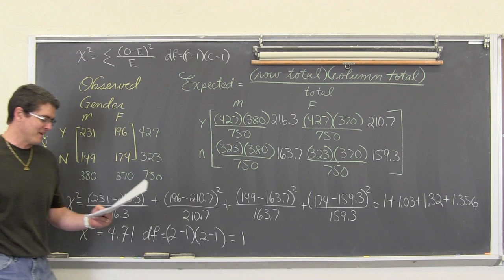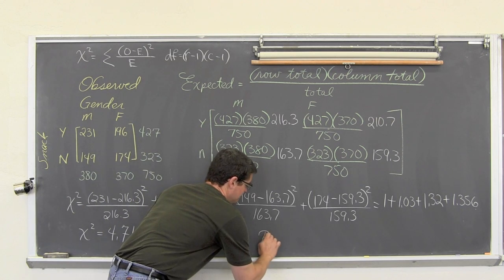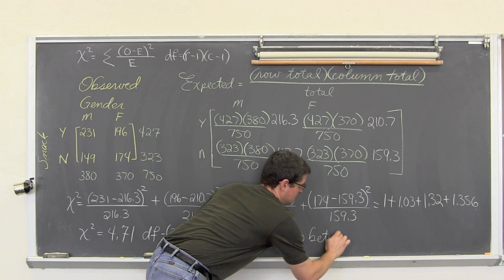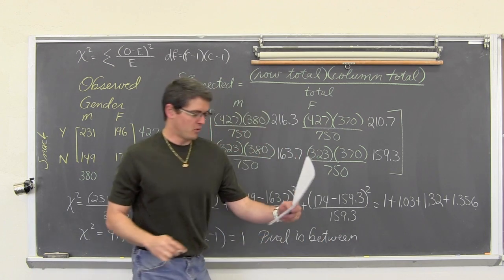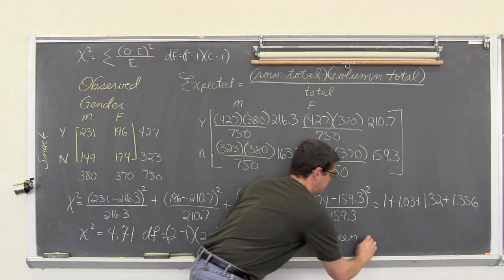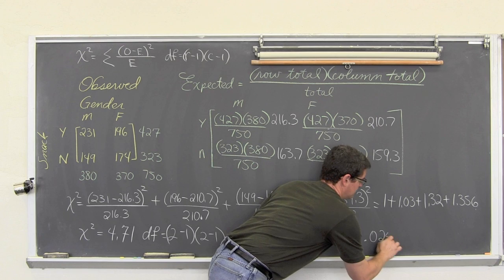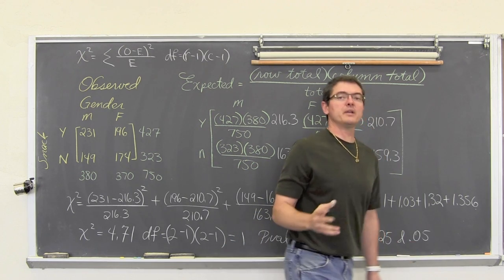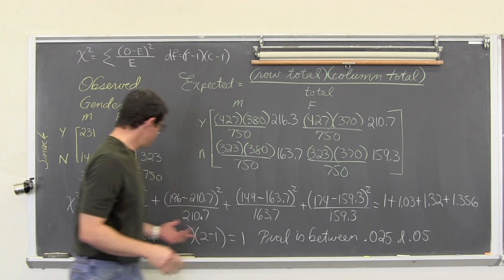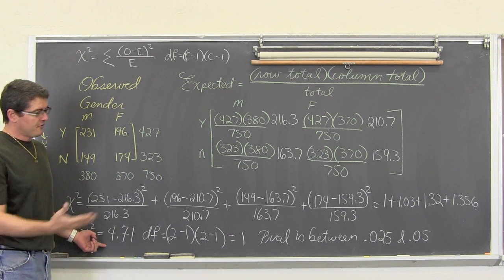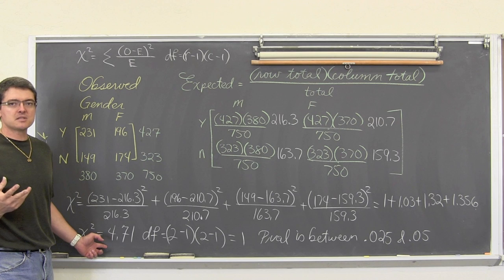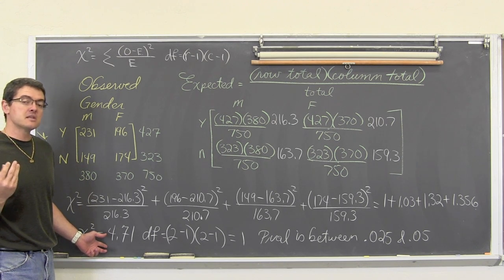We have a p-value that is between 0.025 and 0.05.